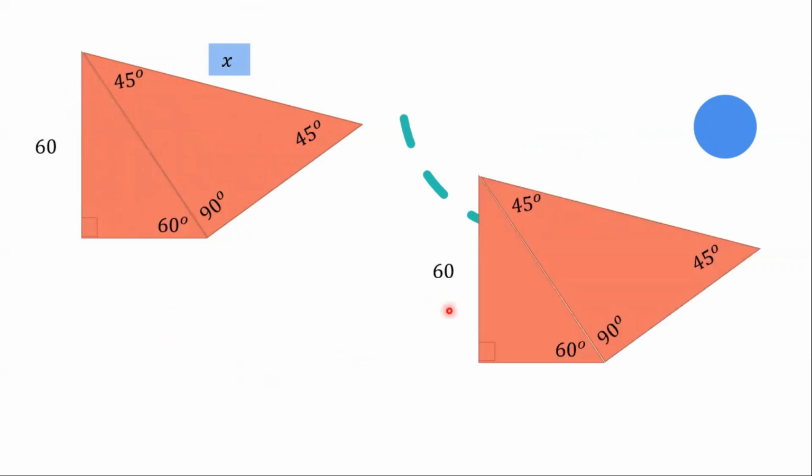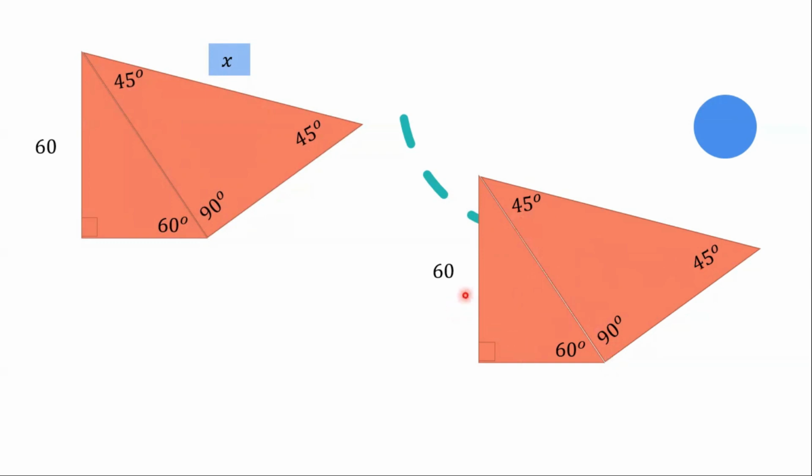We will solve for the hypotenuse of this triangle so that we can solve for x. This side is the hypotenuse of the 30-60-90 triangle, but it is also the length of one of the two equal sides.